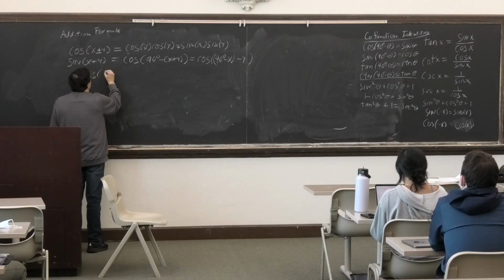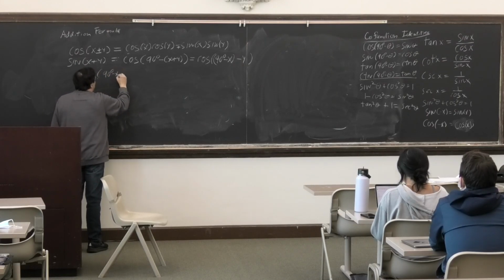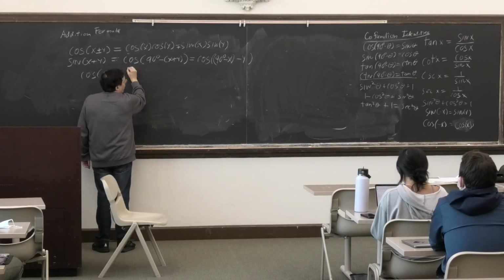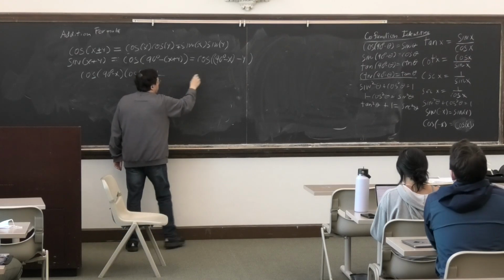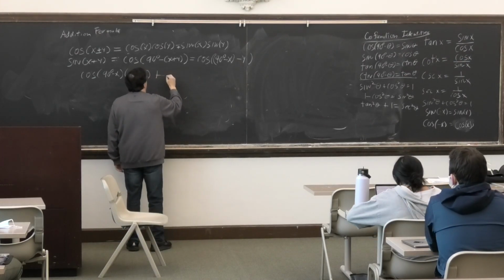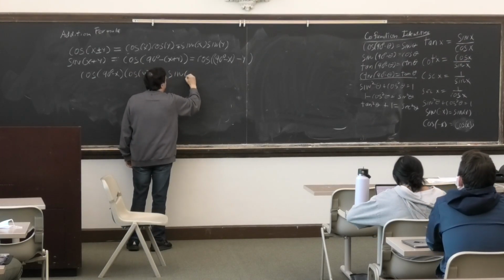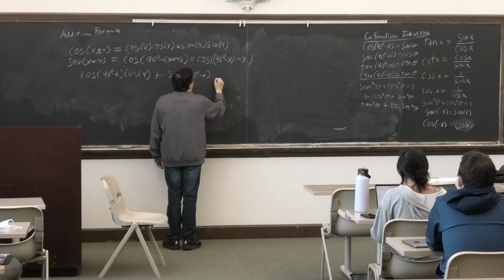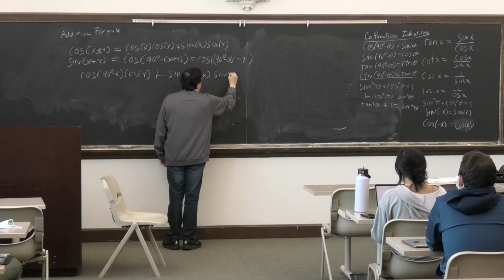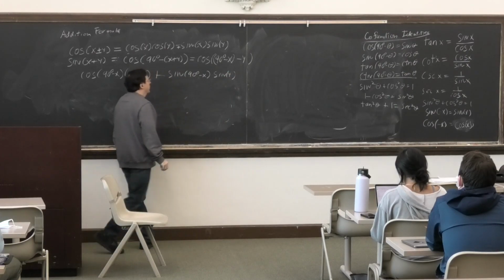Cosine of 90 degrees minus x times cosine of y plus, because this is minus, sine of 90 degrees minus x sine of y. Okay, much better.